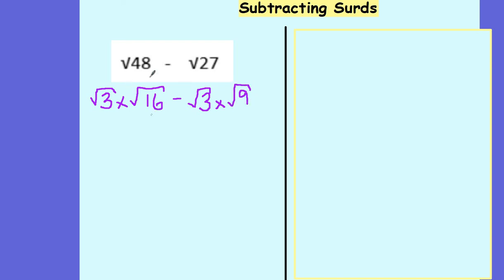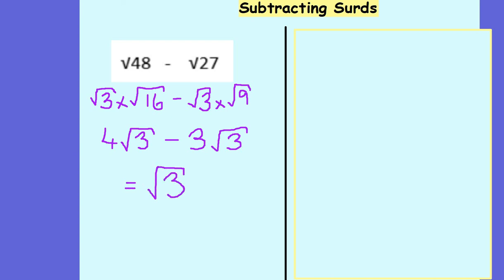So simplifying it, the square root of 16 is 4, so I've got 4 lots of the square root of 3. The square root of 9 is 3, so I'm subtracting 3 lots of the square root of 3. 4 lots of the square root of 3 take away 3 lots of the square root of 3 gives me 1 lot of the square root of 3.